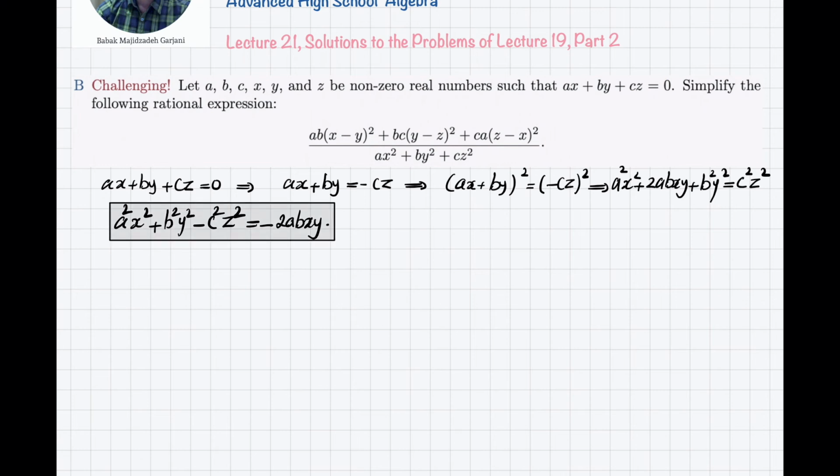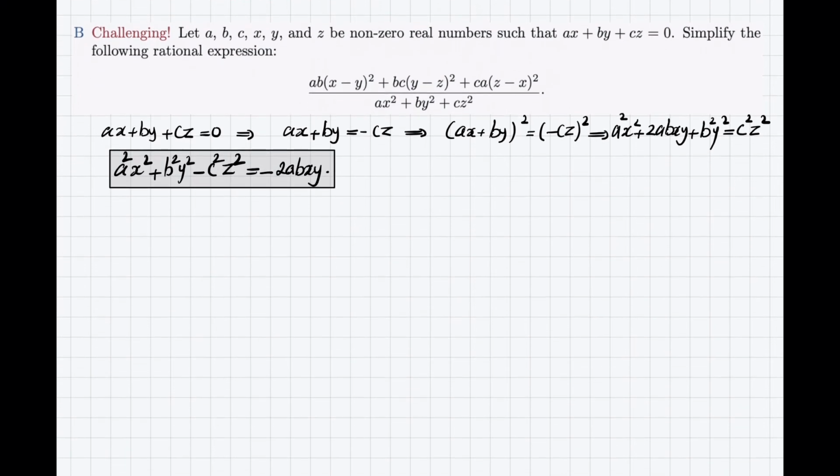Okay? And now, similarly, the motivation is just to get minus 2bcyz. So I can just use this the other way around. So I would say I start again from this one, but instead of moving cz to the right, I will move ax to the right. So then I will get by plus cz is equal to minus ax. Then I raise both sides to power 2, something like this.